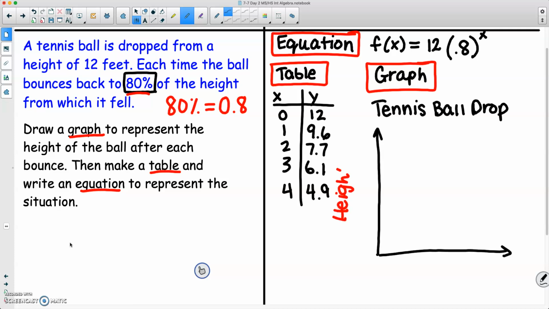So height and bounce. Okay. So I can do 0, 1, 2, 3, 4 for my bounce number. And then height, because it started at 12, I'll just go by 2s.